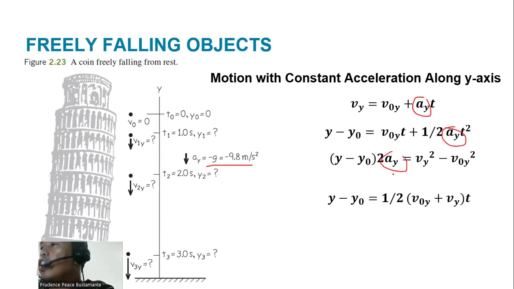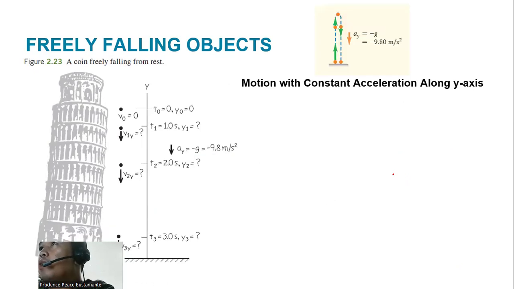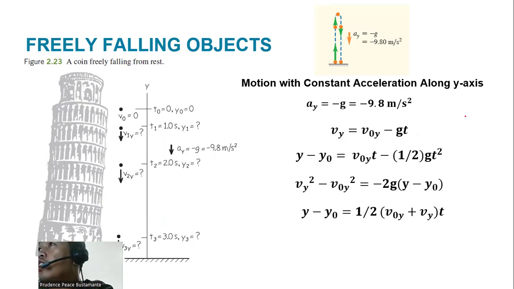We can do this for simplification. In terms of free falling objects, they are accelerating downward. Your a_y is equal to negative g. So applying this to our kinematics equation, we put negative g for a_y, and it will become this equation here.